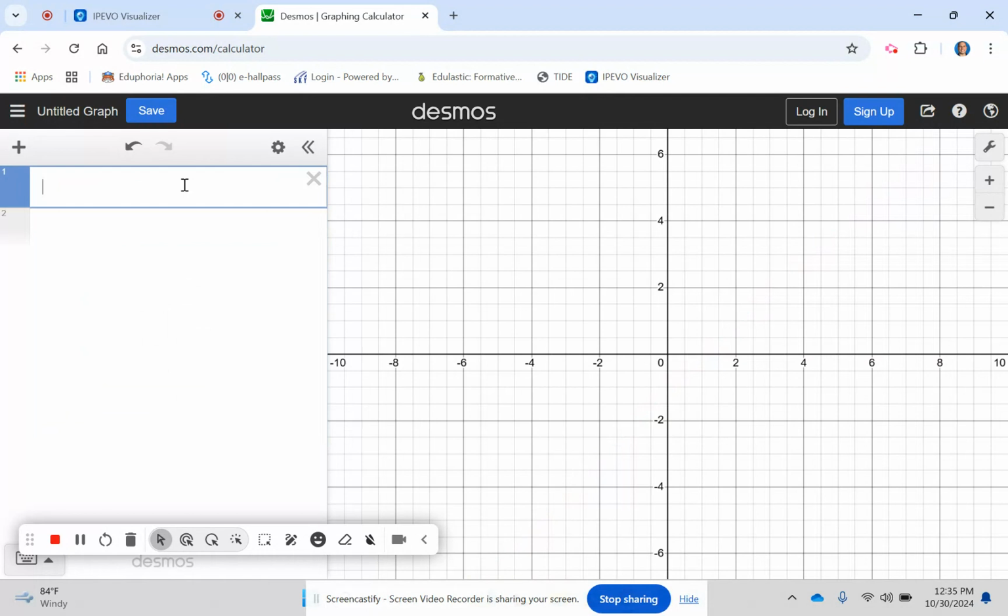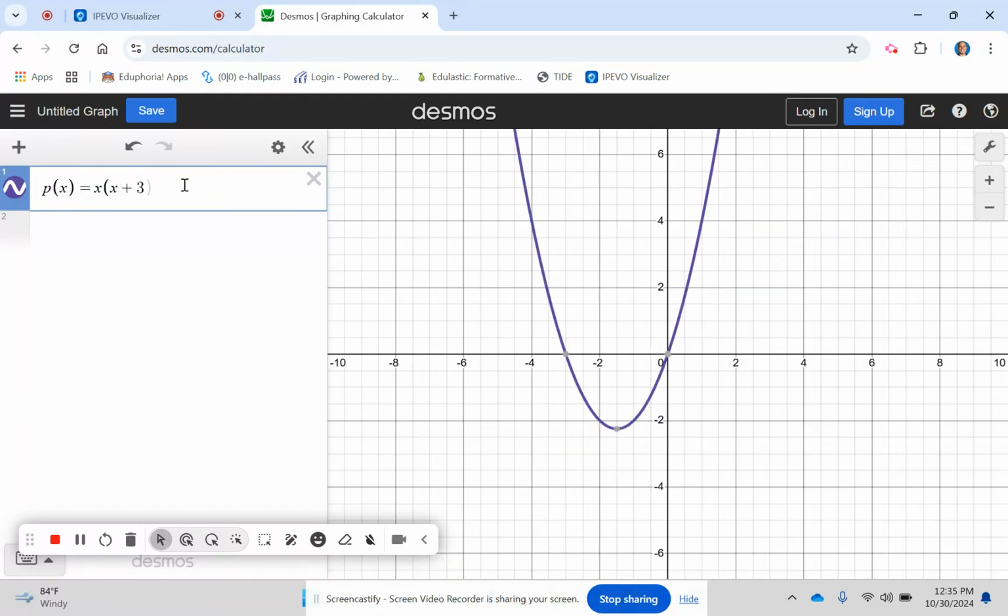It's x out of here, x out of here. So p of x equals x times x plus 3 times x plus 2.